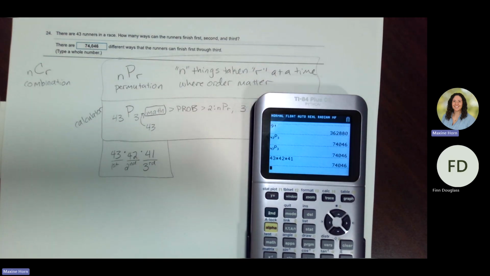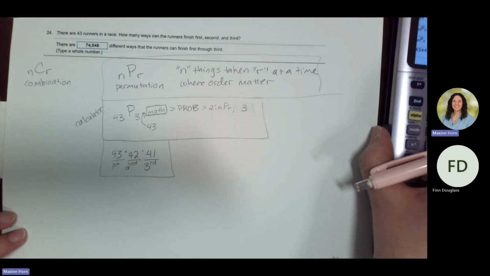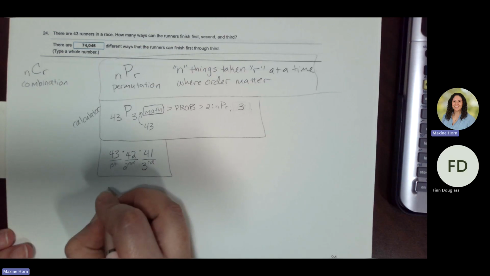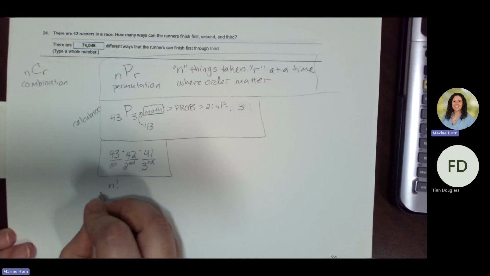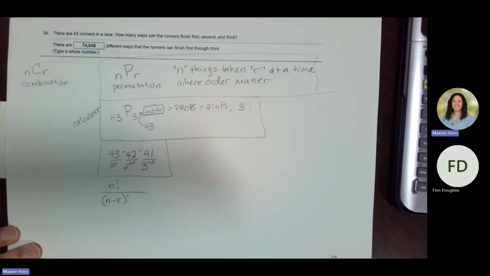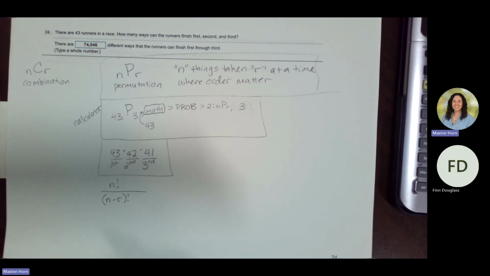And then there is yet again another way to solve this. So I was talking before about the formulas, right? The formula for a permutation is n factorial over n minus r factorial. N is how many things you have total. R is the number of ones that you are selecting.